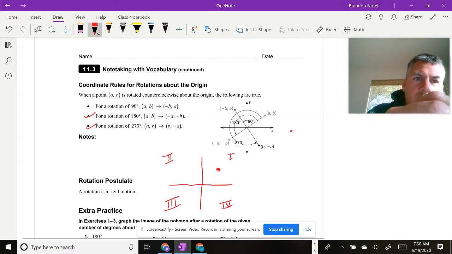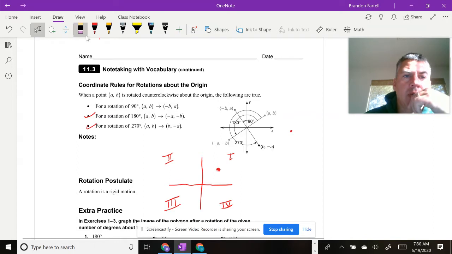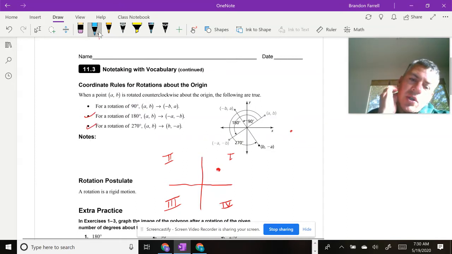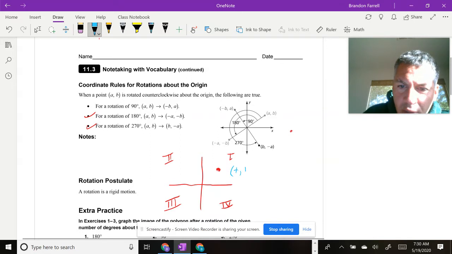Within those quadrants, if those are the quadrants, then this has a plus x and y. This has a minus and plus x and y. This is a minus x and y. And this has a plus and a minus x and y.